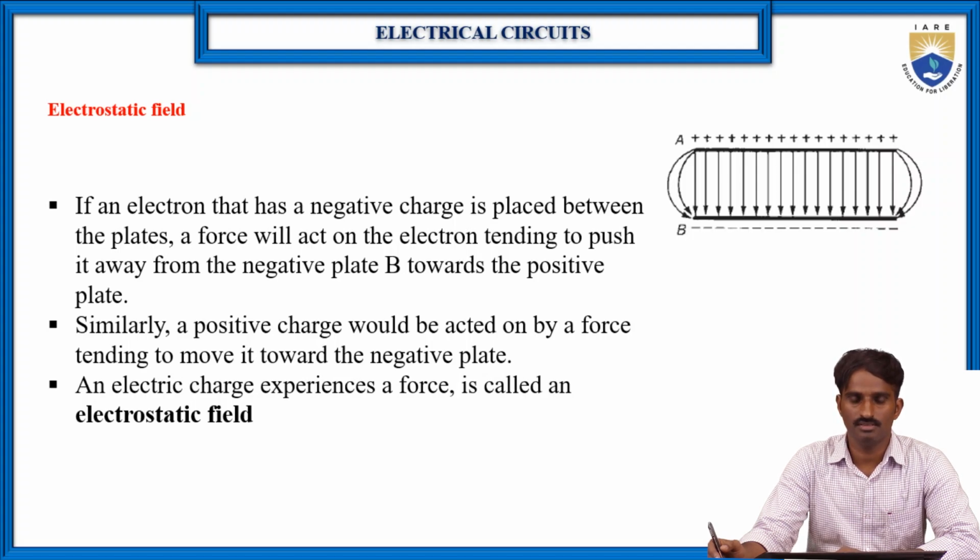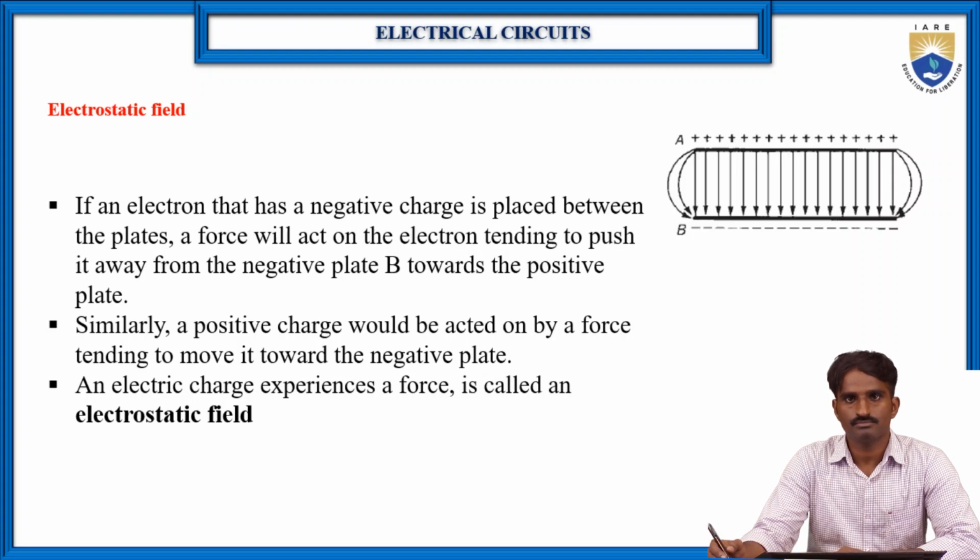Now we are trying to understand the electrostatic field because the general function of the capacitor is that it stores energy in the form of an electrostatic field. It also opposes sudden changes in voltage. That is also one of the functions of the capacitor.